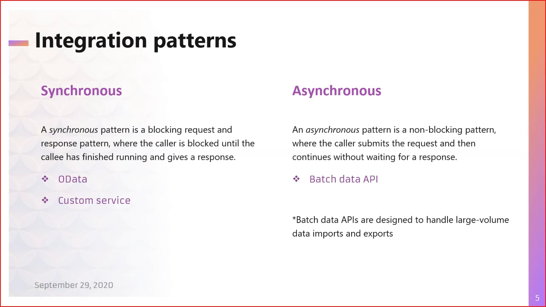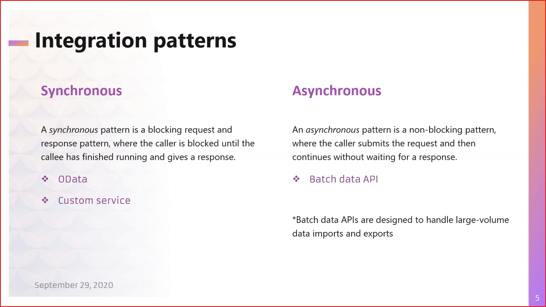On the other side, we also have the asynchronous integration pattern, which is not blocking. It is a pattern where a caller submits the request and then continues without waiting for a response. This is where we actually use the batch data APIs.